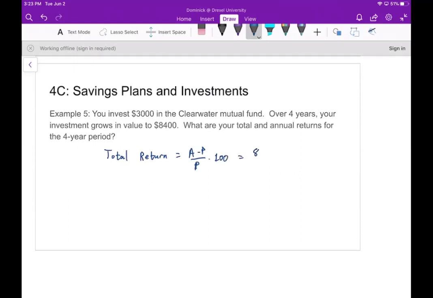So in this case, it's 8,400 minus 3,000 over 3,000 times 100. So if we calculate this, we're essentially taking 5,400 divided by 3,000. And then if we multiply that by 100, we're going to get that this is 180%. So your total return was 180%.